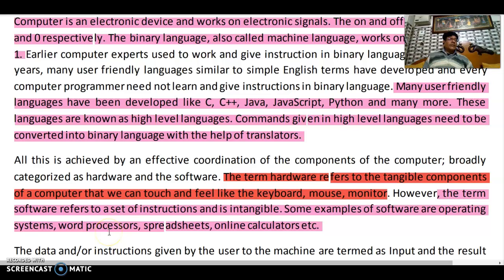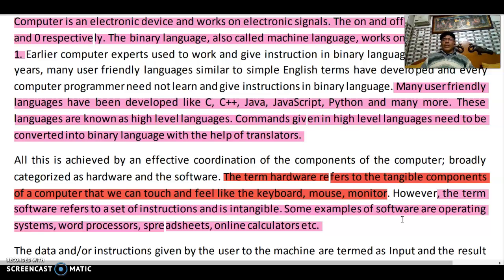Word processor like MS Word, where we type letters. And the operating system: when you turn on the computer, first the operating system loads from your hard disk to the computer's memory. That is the first software which is loaded. It is called booting. Booting means loading the operating system from the hard disk to the computer's memory.